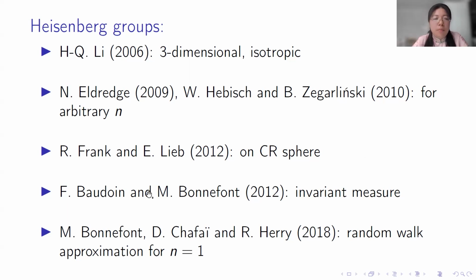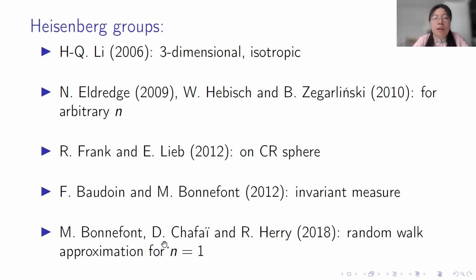In 2012, Baudoin and Bonnefont also proved a version of log-Sobolev inequality based on the generalized curvature dimension inequality, but their choice of measure is the invariant measure. So in our case, it's the Haar measure on the group, and it's not the heat kernel measure.